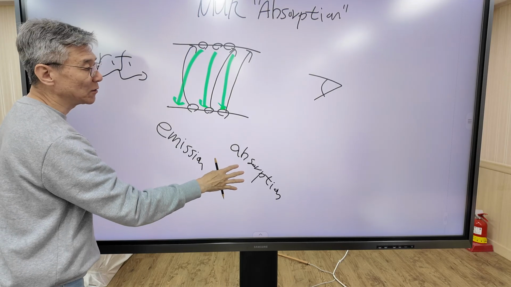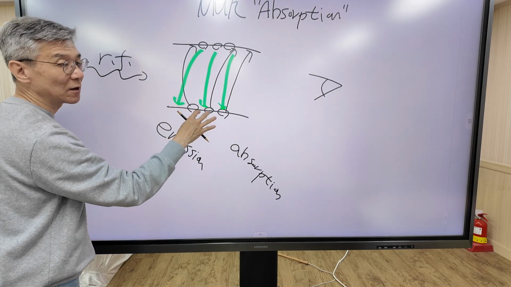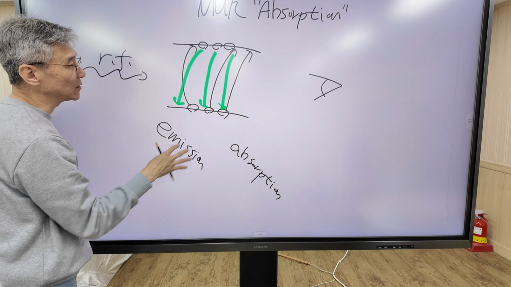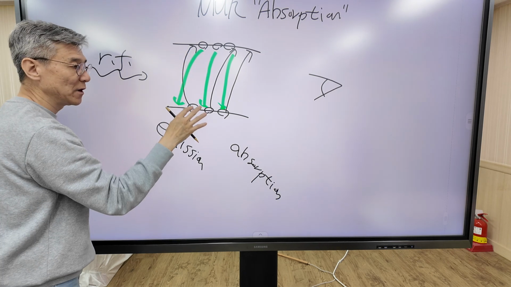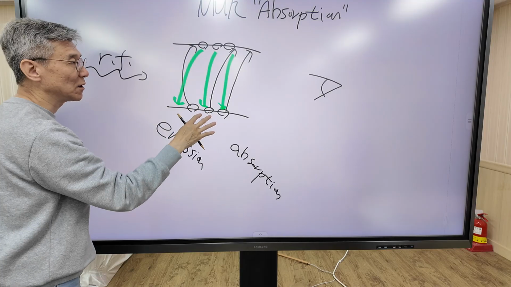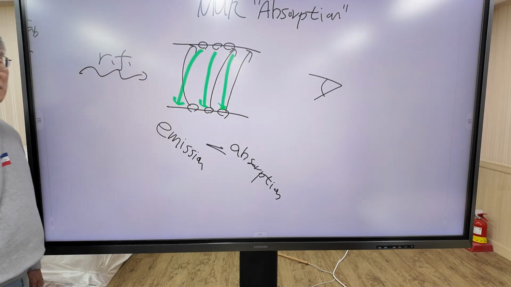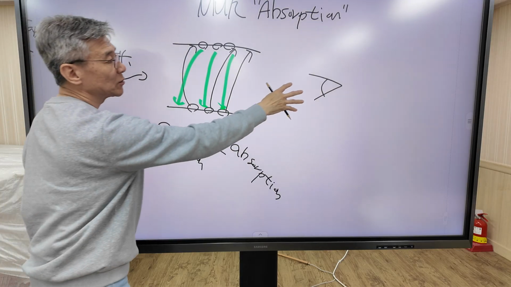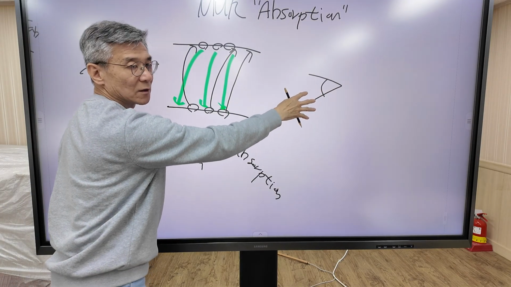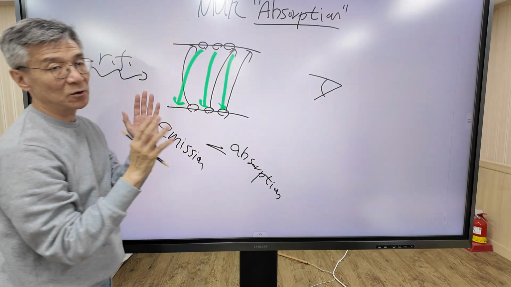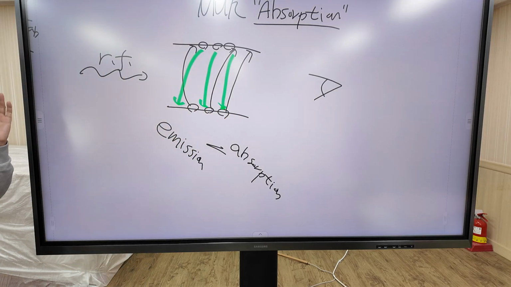Absorption rate depends on how many molecules are in the ground state. Emission rate depends on how many molecules are in the excited state. If the number of molecules in the ground state equals the number in the excited state, these two rates are equal. In this case, no absorption is observed, so the absorption spectrum is not shown. So it is a problem.